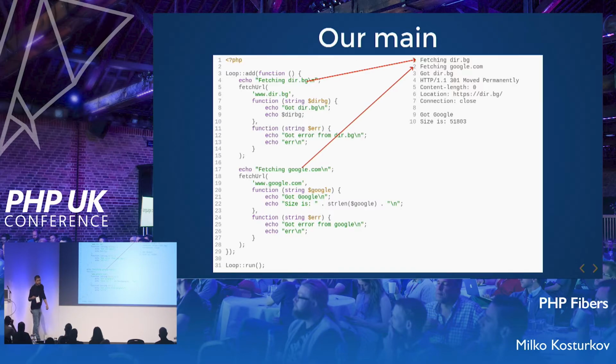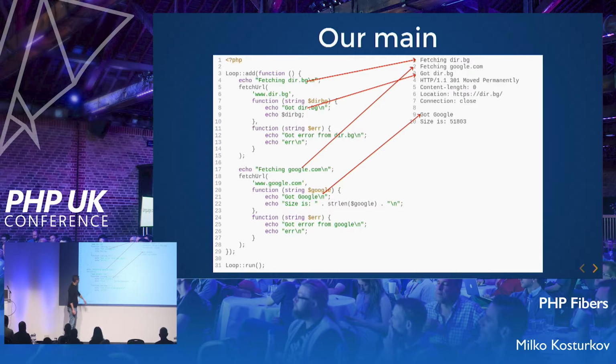Then, because dir.bg is faster to respond, since this is done from Bulgaria and dir.bg is a Bulgarian site, we're going to get an echo got dir.bg, and we echo the content that we got: HTTP 1.1, moved permanently, content length, and so forth.